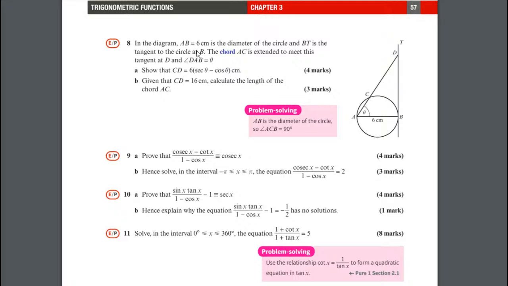Alright, so we have got this line. Let me quickly copy the diagram. And then I've got a circle. This circle has the diameter AB, and then from AB up goes this.